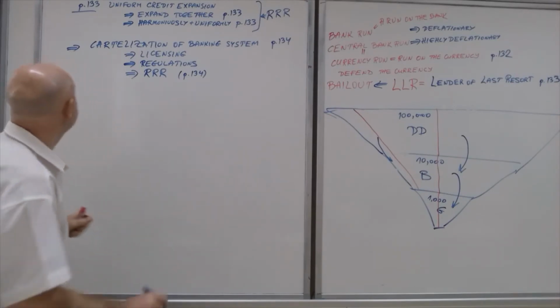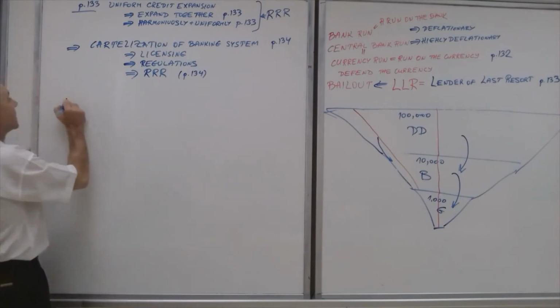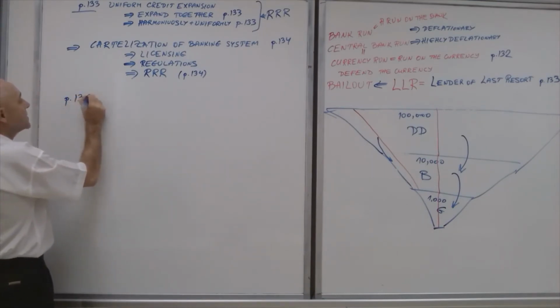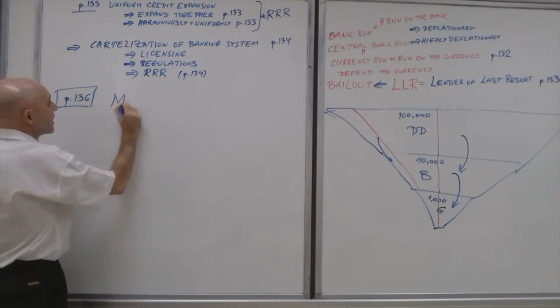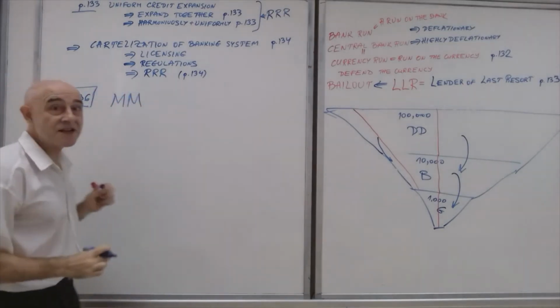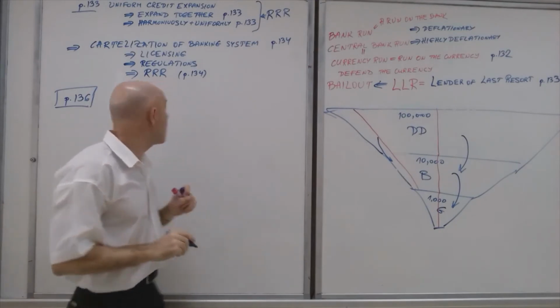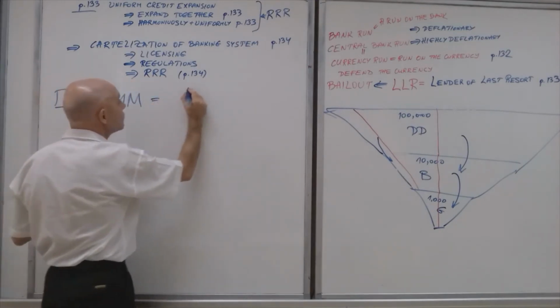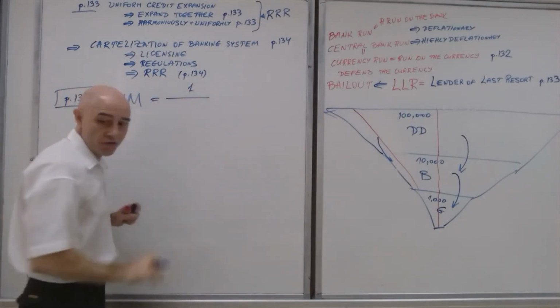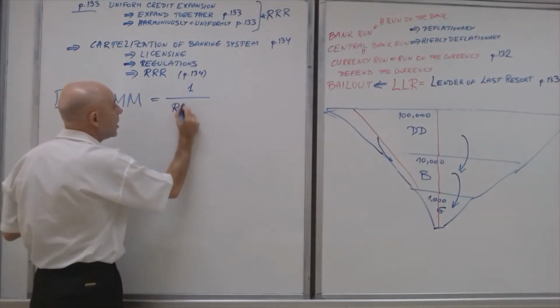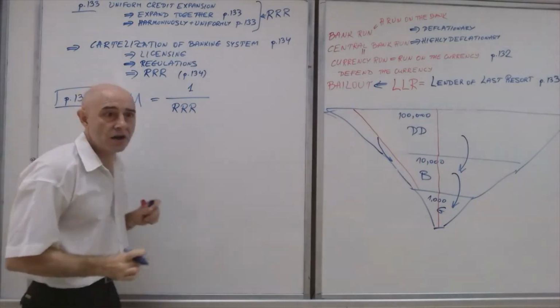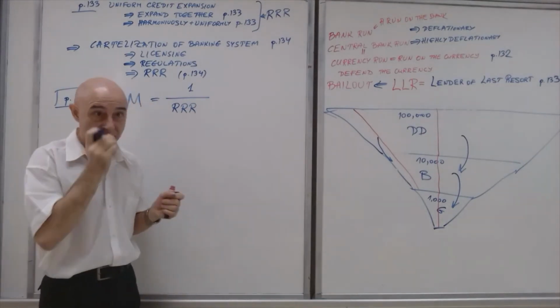The next page, 136, I discussed the money multiplier from last time, which is 1 over R, the reserve requirement, required reserves.